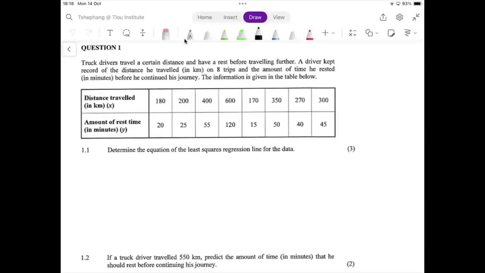So this we need a calculator and we need to go to our stat mode. Please don't try to do this manually. You will take quite a lot of time trying to figure out some answers, and you might even make a few mistakes.